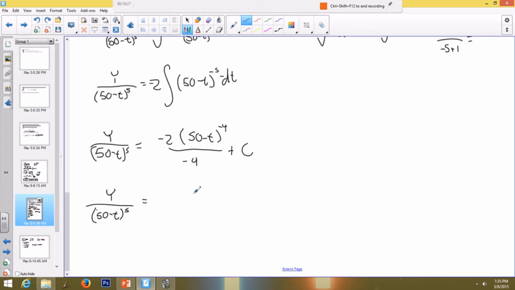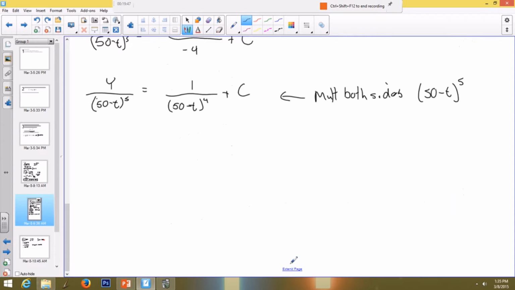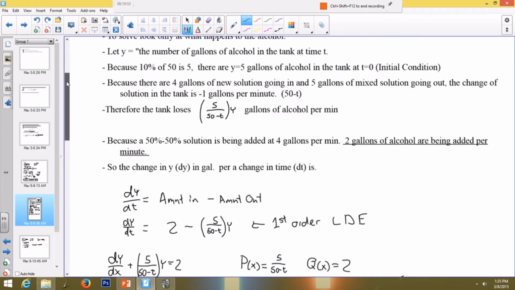And then this is going to be 1 over 50 minus t all to the fourth now, plus some constant c. I'm going to multiply both sides by 50 minus t to the fifth. And the reason that I'm going to do that is because I want to get y by itself. And again, going back, that was the original goal of this thing.